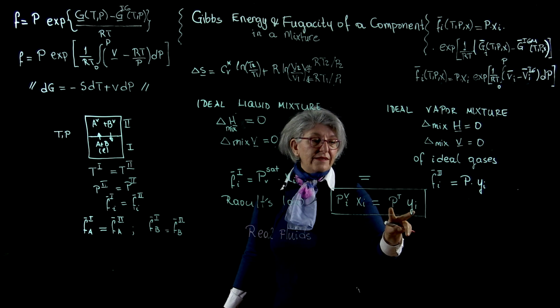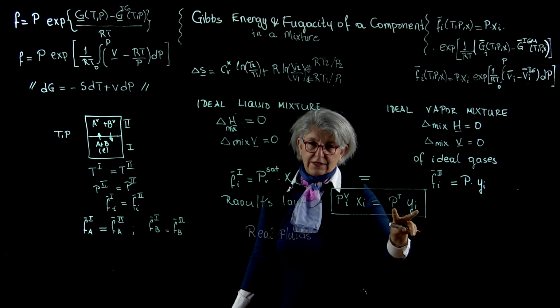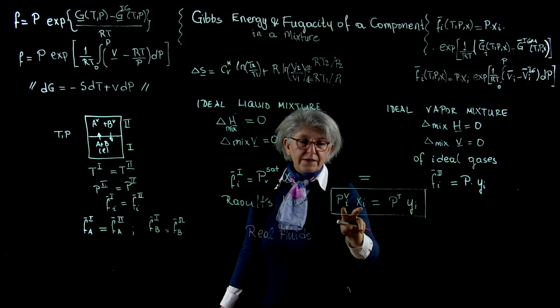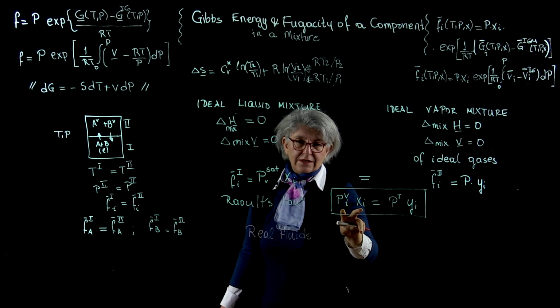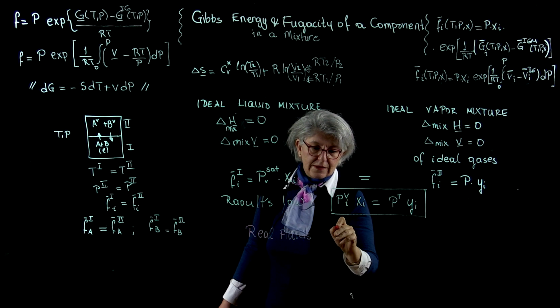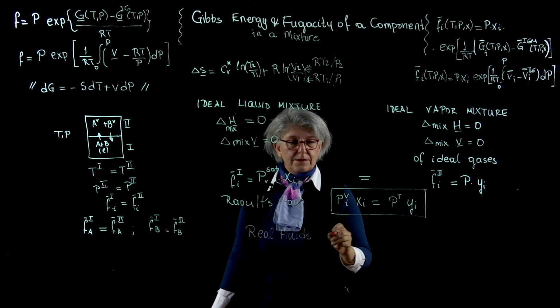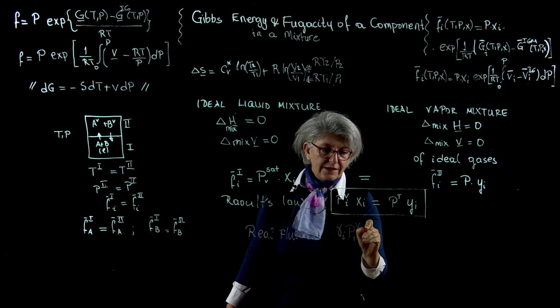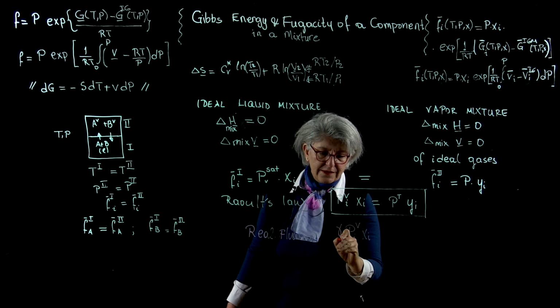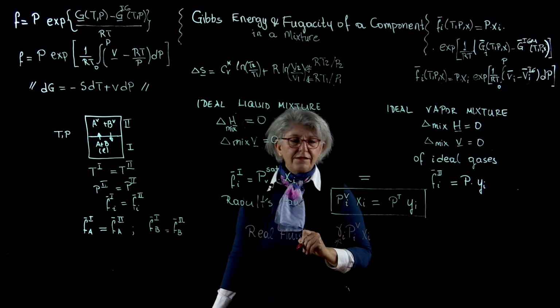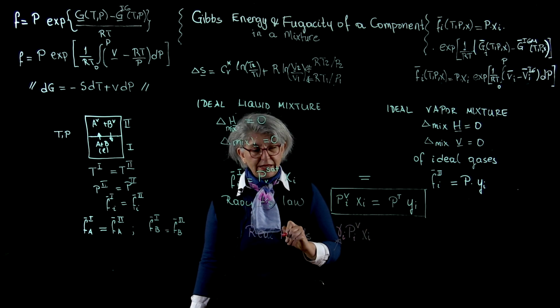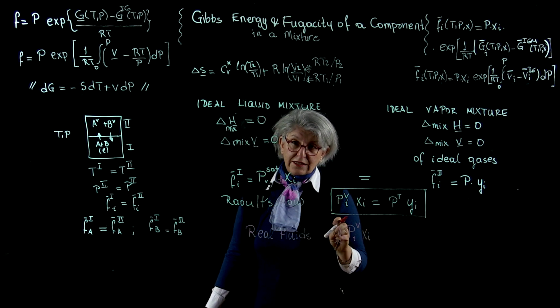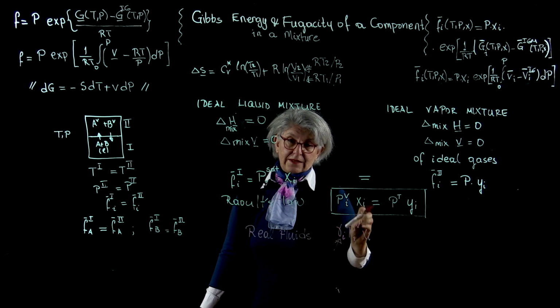We're going to add another correction factor here. The correction factor here is going to be what we call the activity coefficient, all right? Pi^V times xi, all right? This activity coefficient is going to take into account the volume change upon mixing.